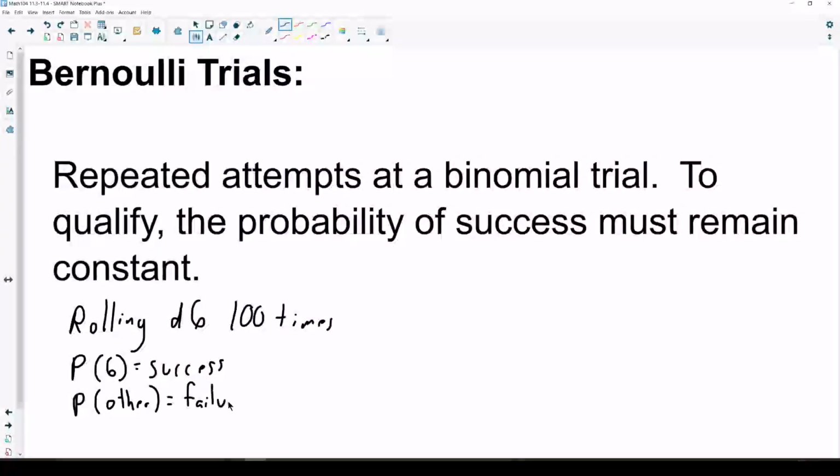Well, I'm doing it a bunch of times. I define it as just success and just failure. And as we know, if I roll a d6, no matter how many times I get a 6 or I get a 4 or any other number, it doesn't affect what's going to happen on the next roll. This would be a set of Bernoulli trials.